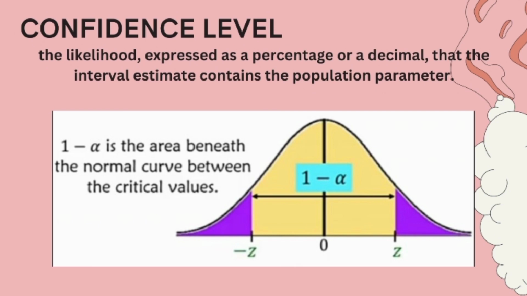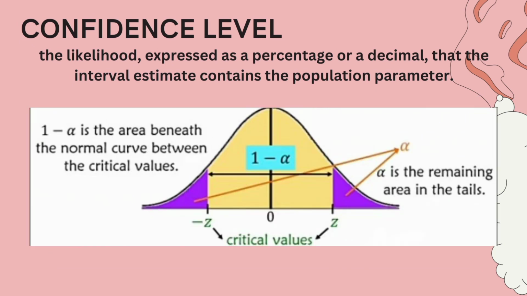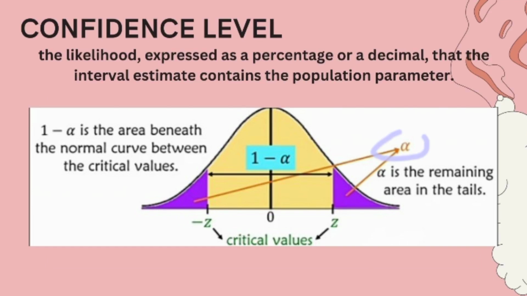This means these two values here, denoted by negative z and positive z, because they are standard scores or z-scores, are critical values. And this portion here is the alpha. Alpha is the remaining area in the tails. Now, alpha is the probability of error.